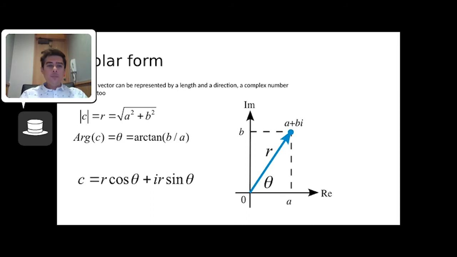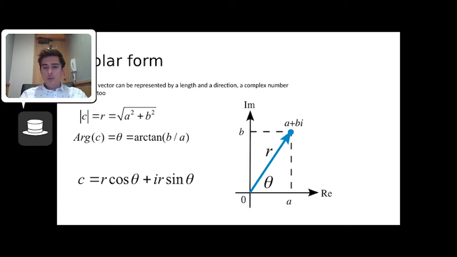There's actually another way to write the complex number, which is a really nice way to represent it. Maybe the easiest way to think of this is exactly how you think about vectors.